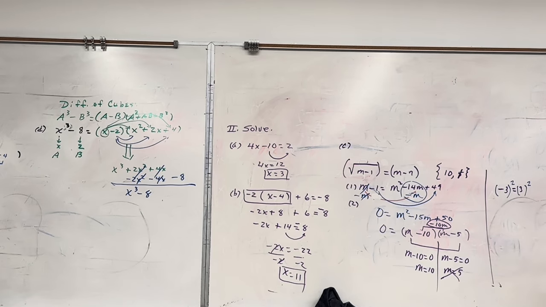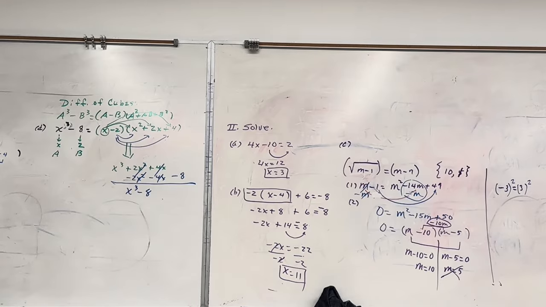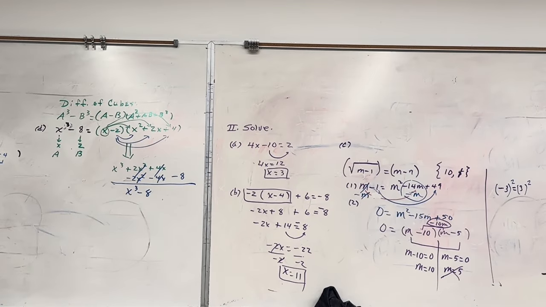Now, does this become a true statement? That's the difficulty. When you square both sides of an equation, it may now become true. 9 is equal to 9, when in the original, it was not true. So that's why you must check these answers to see if this craziness is happening. And will both these answers check? So there must be a check required here on one like this with the square root. And I'll warn you, check it. Guys, letter D.